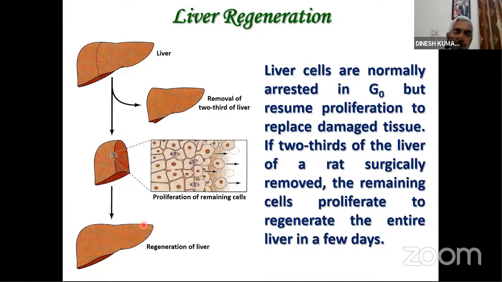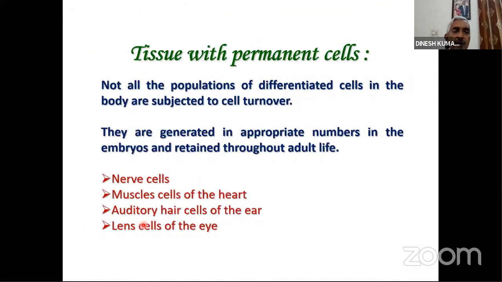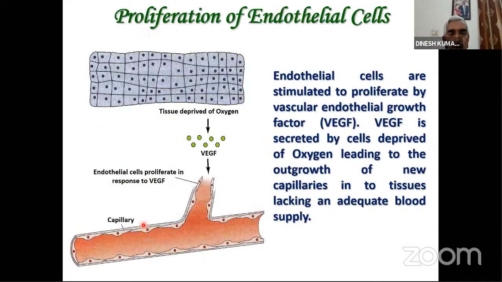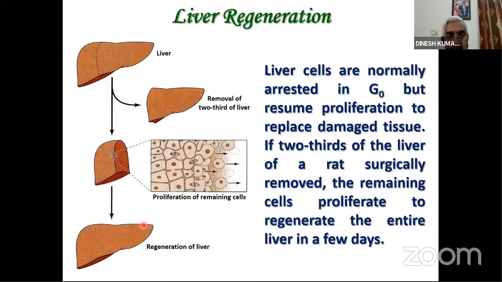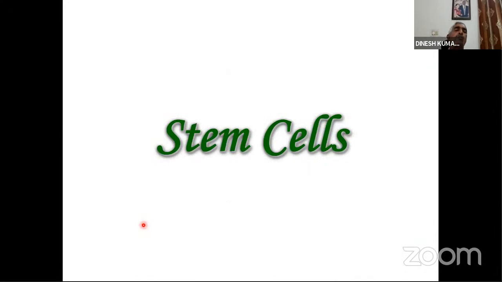Whereas in nerve cells, muscle cells, auditory hair cells, and lens cells, there is no turnover and the number of cells is fixed. But most of the cells in the body are maintained by the stem cells.